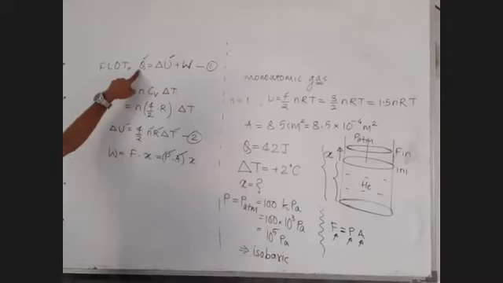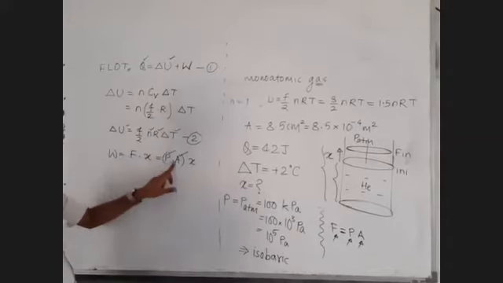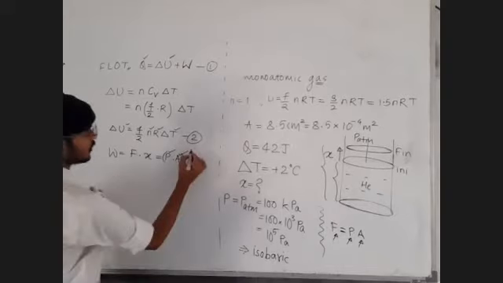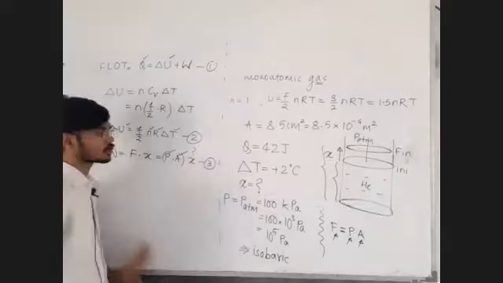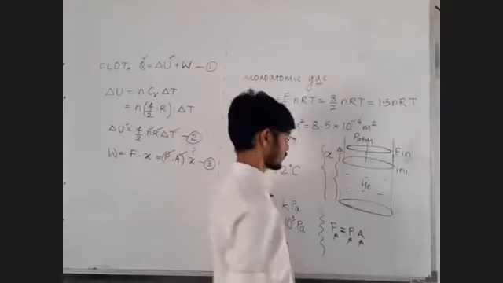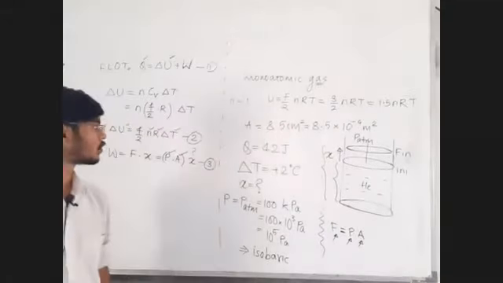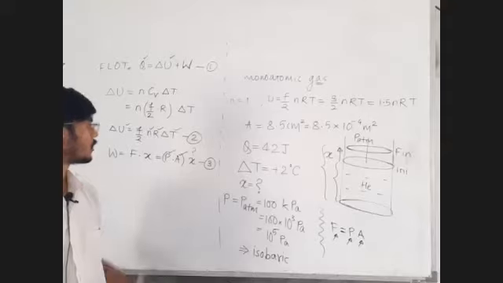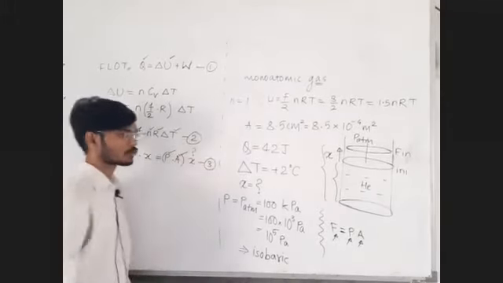Q value we are already given, delta U value we are already given. Instead of W we will write PAx, and x is the unknown. So that will give us one equation, one unknown. This is the mathematics involved behind this question: you have 3 equations and 3 unknowns, and somehow you will figure out the value of x by converting it into one equation, one unknown.